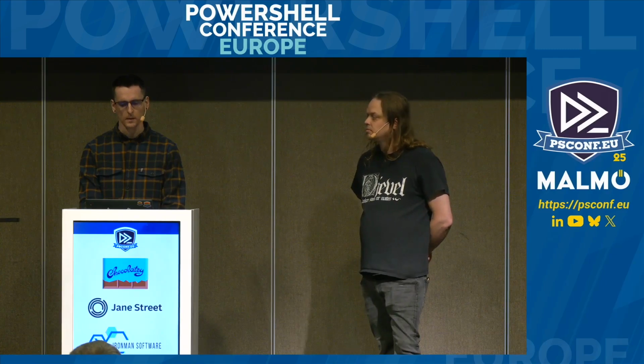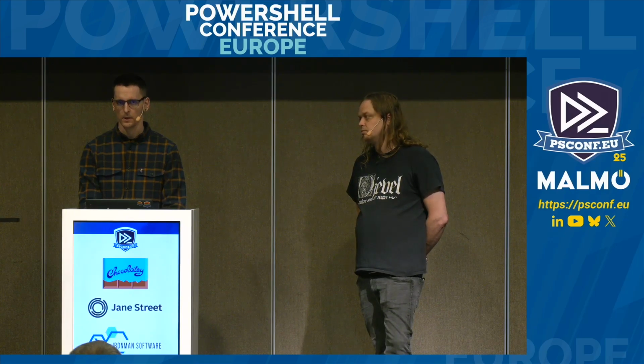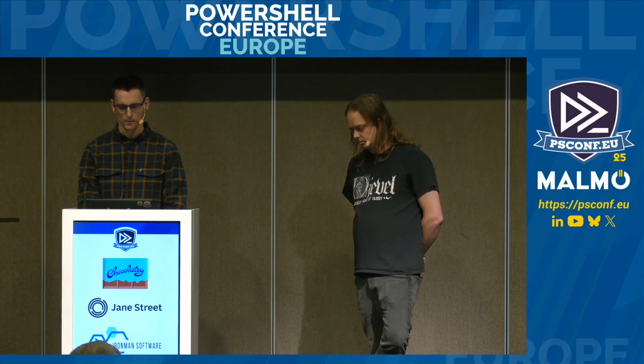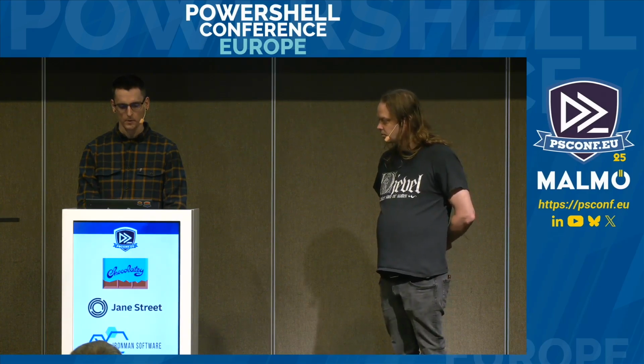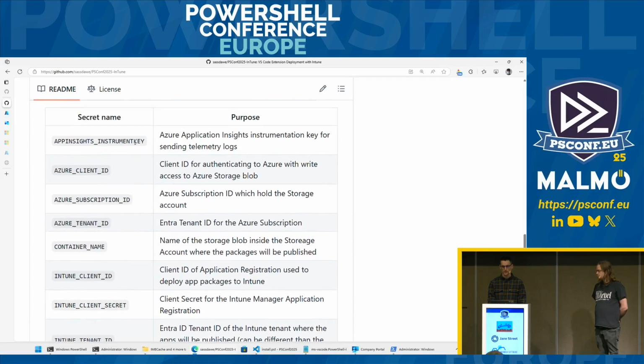There is a PS App Insights module to do that. And you need the Application Insights instrumentation key. This is being updated with the build pipeline. If I head over here, we have a bunch of variables. One of them is the Application Insights one.